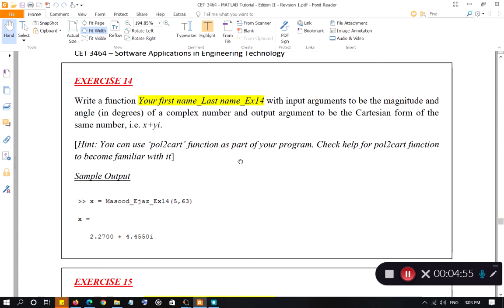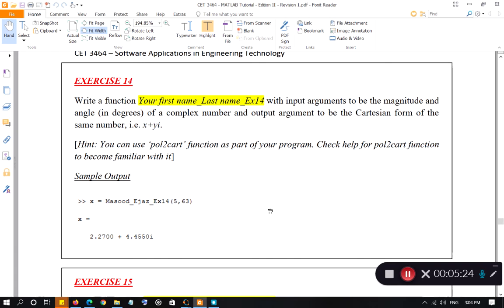That is, in this function, the user is going to give you two values as input, and those values will be the magnitude of a complex number and the phase of the complex number, and you have to give the corresponding Cartesian form of the complex number. Okay, so you have one output variable, because the complex Cartesian form x plus jy is a single variable.